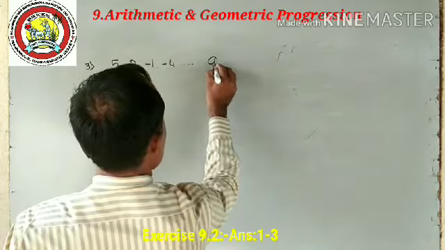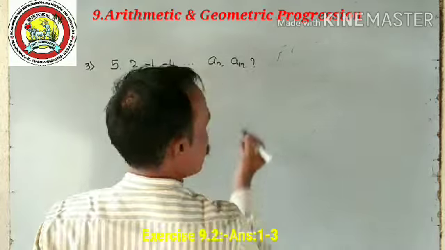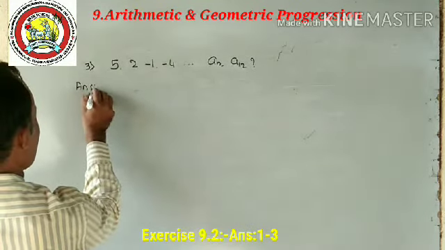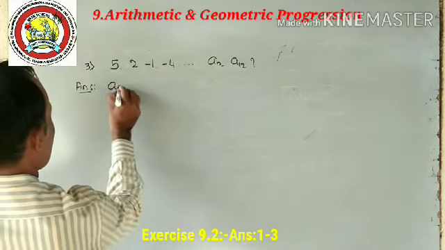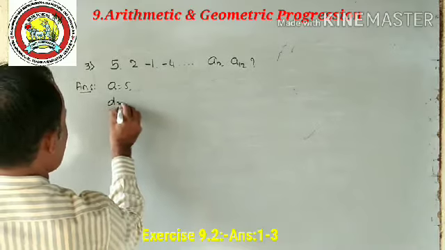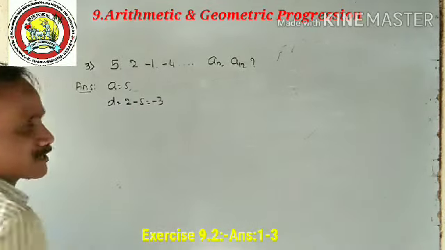Yes, we have to calculate the nth term and the 12th term. Again, as usual, what is the value of A? A value is 5. What is the value of d? d is equal to 2 minus 5, that is equal to minus 3.